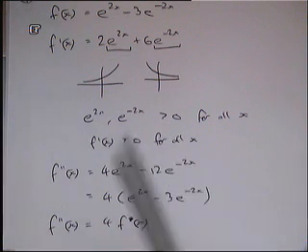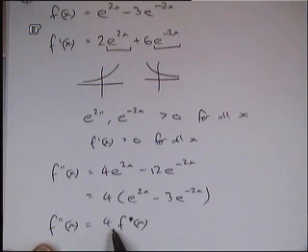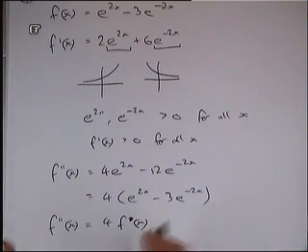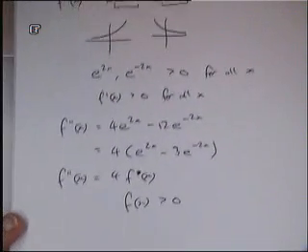So if this one is to be greater than 0, well 4 is greater than 0, it depends on this being greater than 0. So in other words, we can say that f double dash is greater than 0 if f of x is greater than 0. And now we've got to find out for what values it's true. So we've got to find out now where f of x is greater than 0.